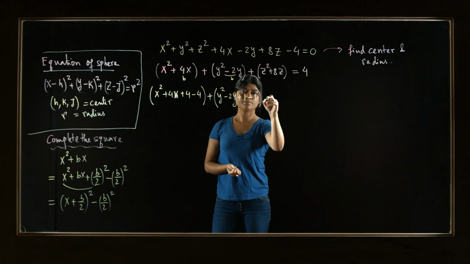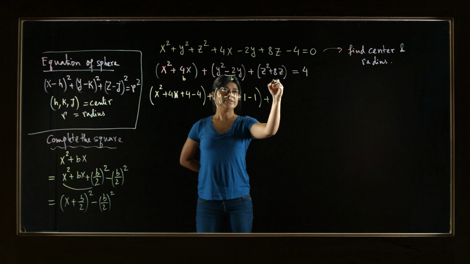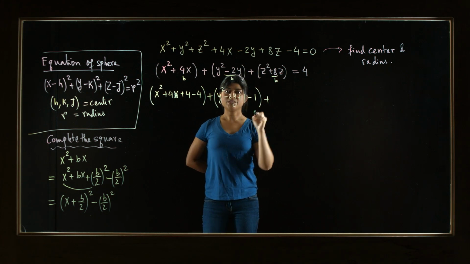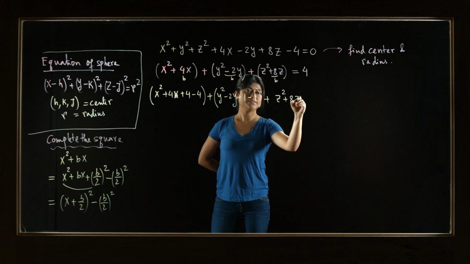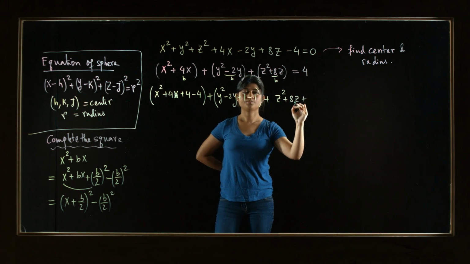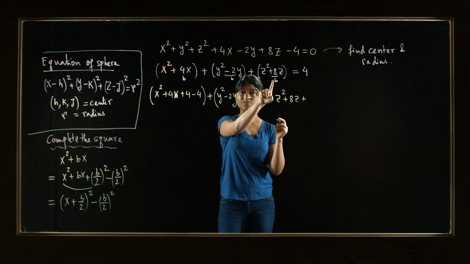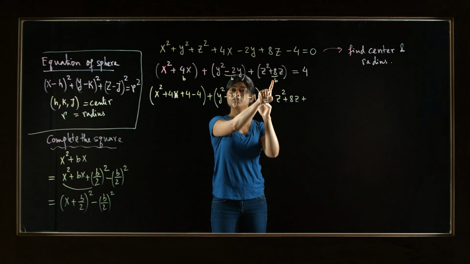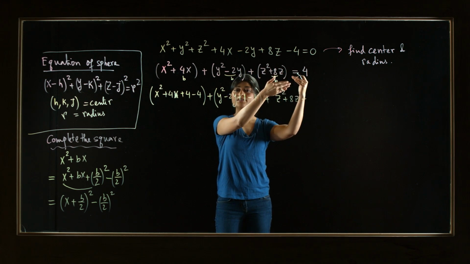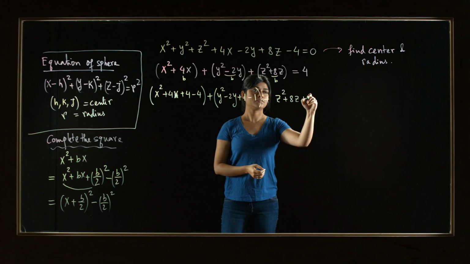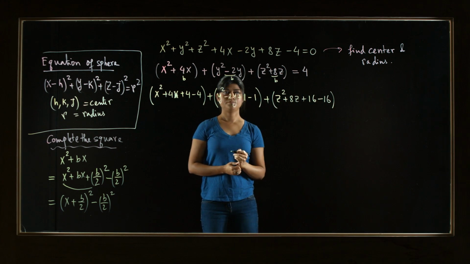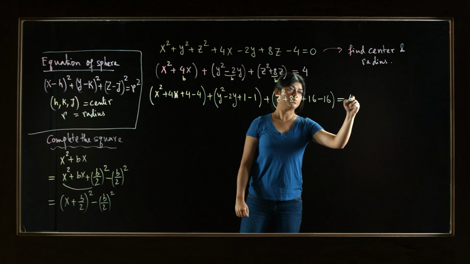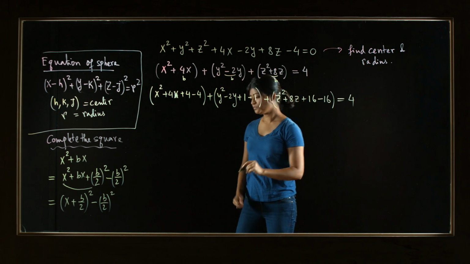Okay, one more time. Last one. b is 8. So you keep z squared plus 8z, and then we'll have to add. What do we add? Take b, which is 8, divide by 2, that's 4, square that, that's 16. So you add and subtract 16. And that whole thing is equal to 4.